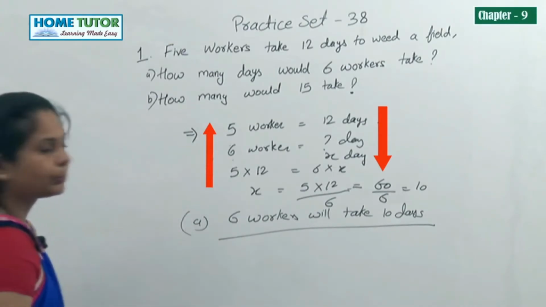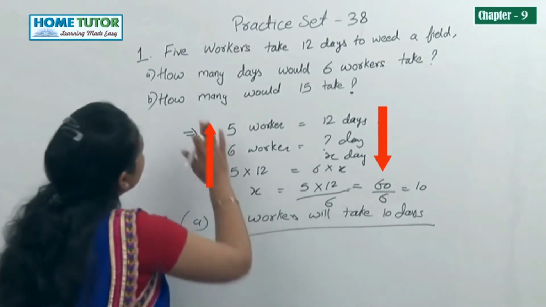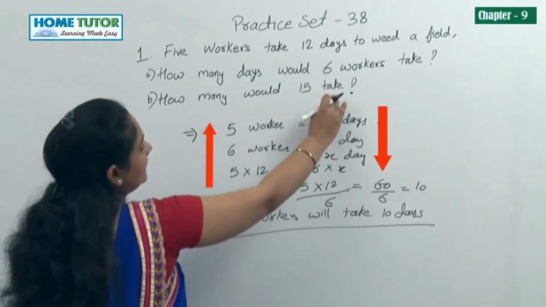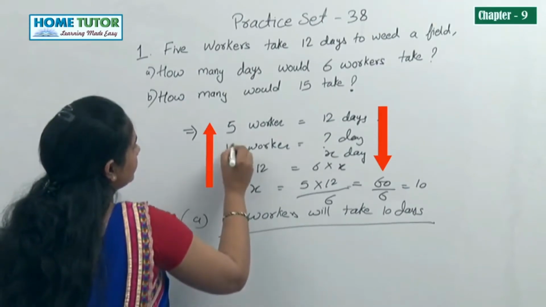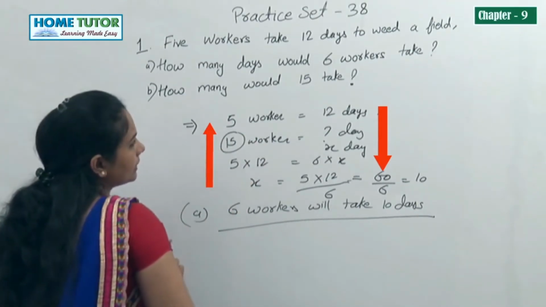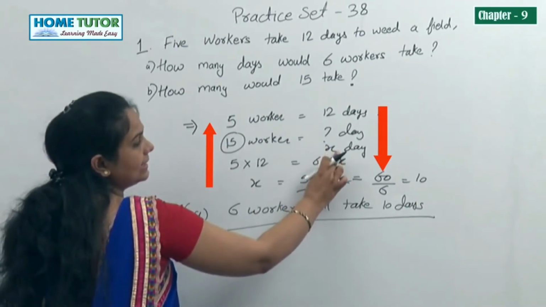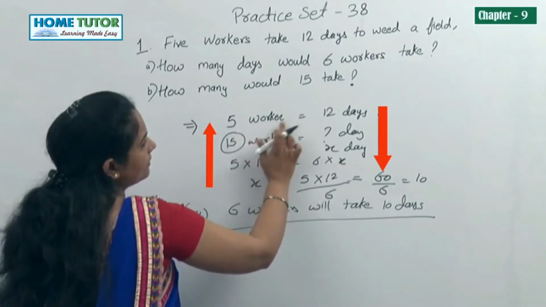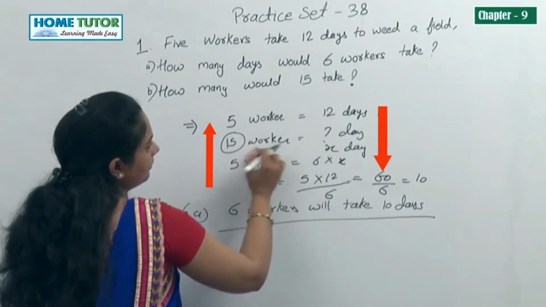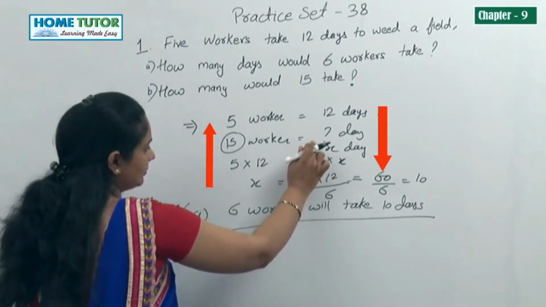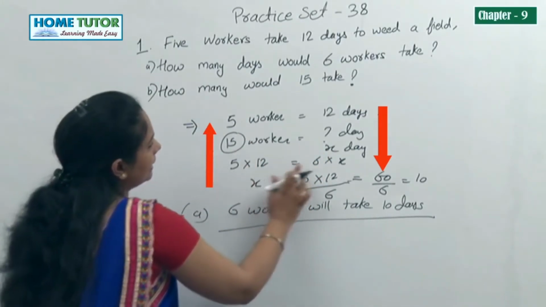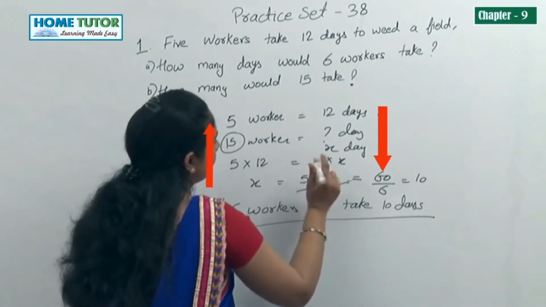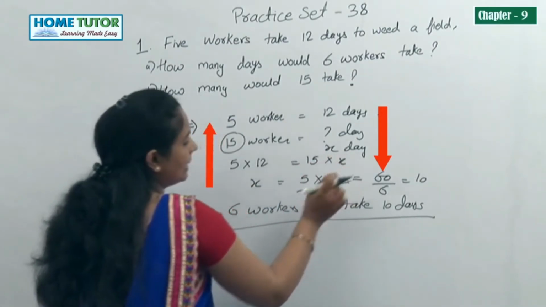Now here, how many would 15 take, means the workers here are 15. Similarly, we'll write x days. So 5 workers is equals to 12 days, 15 workers is equals to x days. This is again inverse proportion. So 5 multiplied by 12 is equals to 15 multiplied by x.